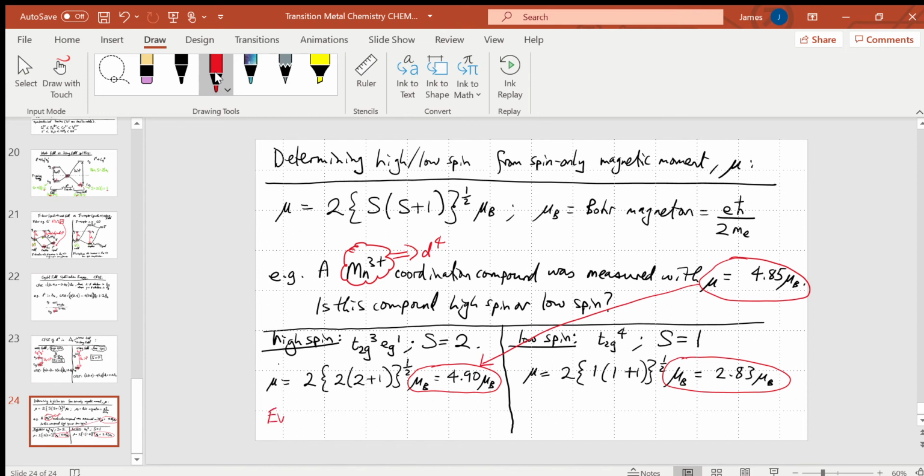So this is evidence supported. So we would conclude on this occasion, this particular manganese compound is a high spin complex, just because the theoretical number for the high spin is closer to the actual experimental value. Okay, so that's how we would do it.